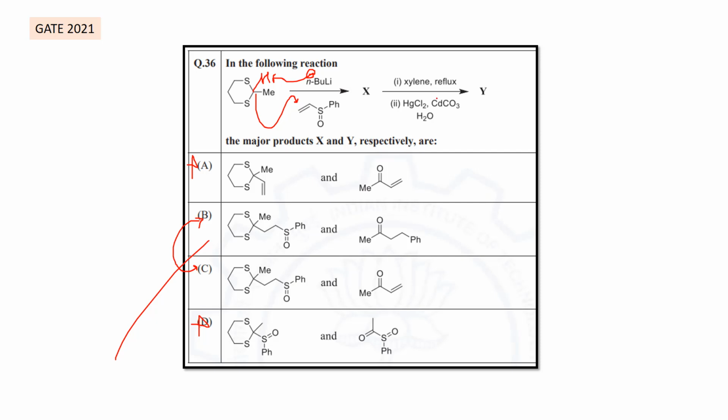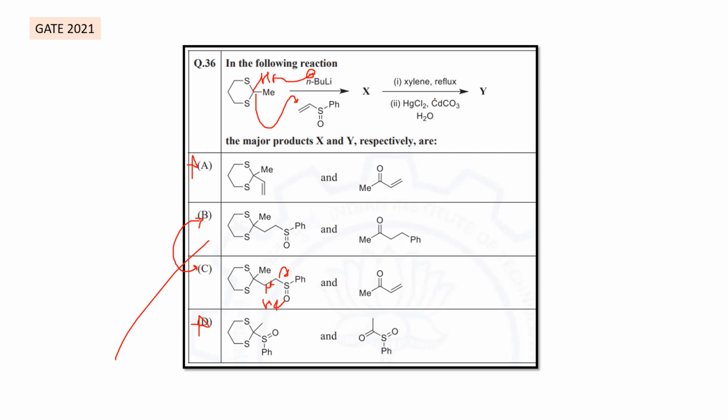After that, if you add xylene, what will happen? In presence of xylene, there will be an elimination of the sulfoxide. In presence of xylene, if there is a positive charge, there will be alpha elimination, and this gets removed from the system.